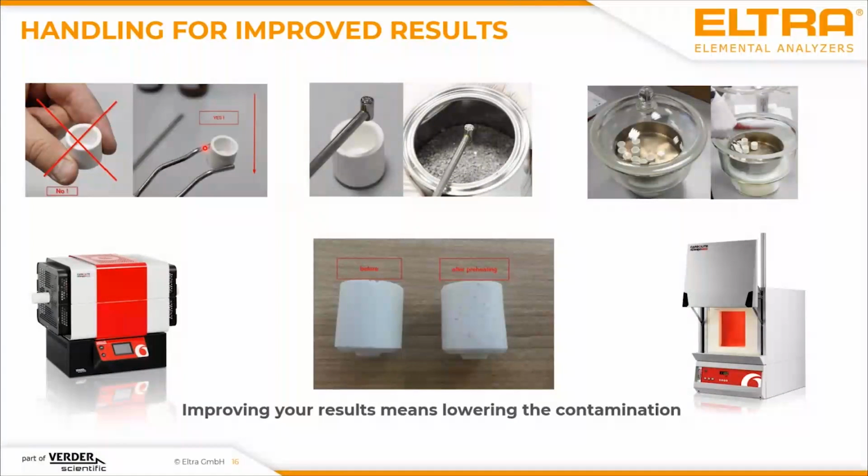Rule number 1, which you should really keep in mind, is never touch the crucible. For 2 reasons. One reason is it might be hot. This is very, very dangerous because the color of the crucible doesn't show you in every case that it is hot. If it is very hot, then it is red, but if it is not red anymore, it doesn't mean that you can touch it.